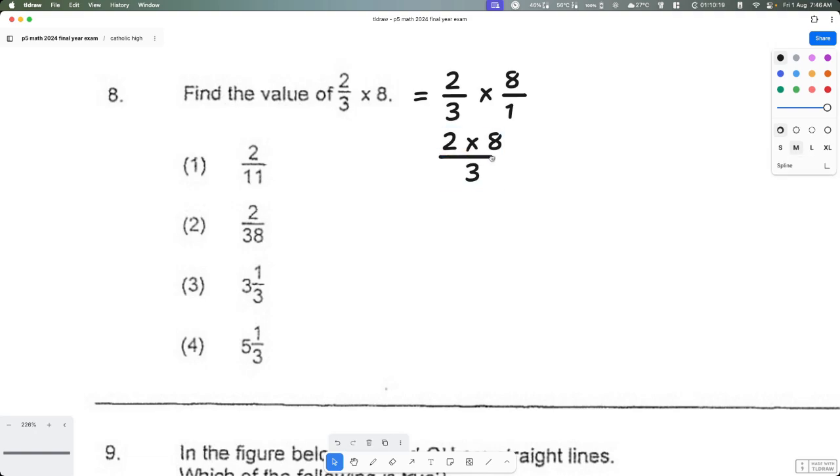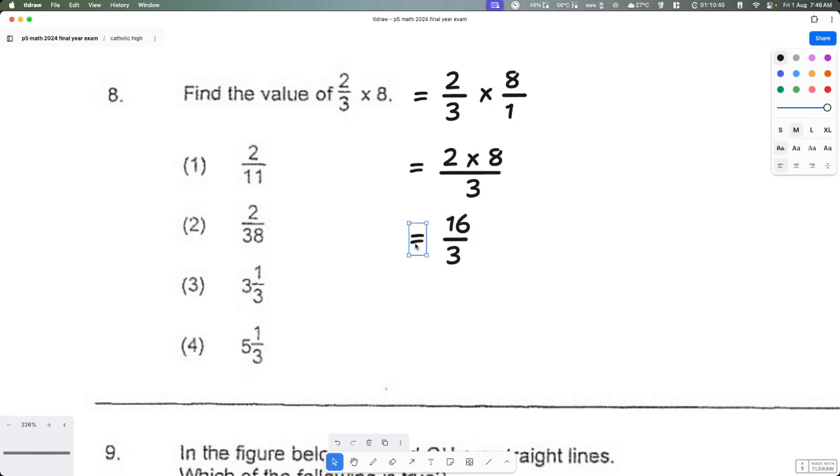Okay, and then from here we can just work this out. So this will become, what do you think 2 times 8 is? This will become 16. 16 divided by 3, right? So what is 16 divided by 3?